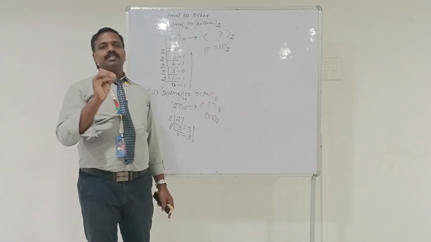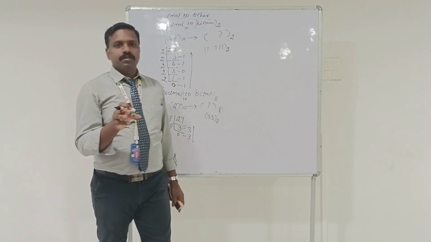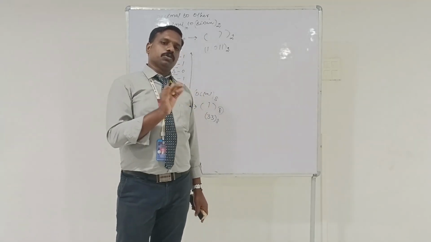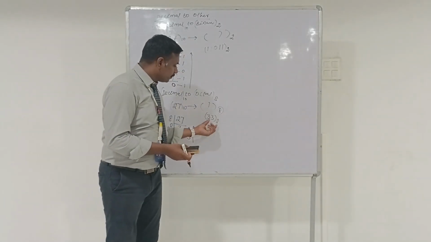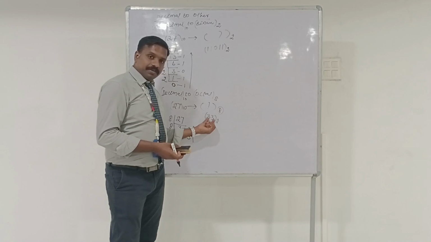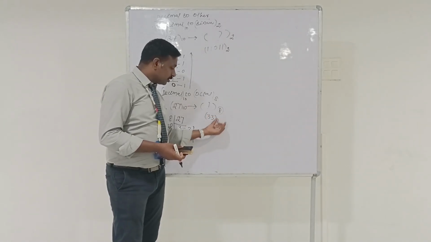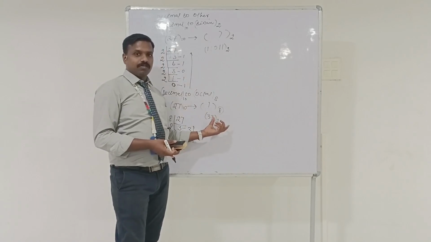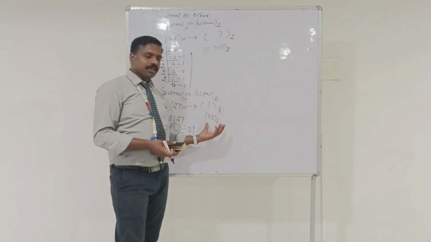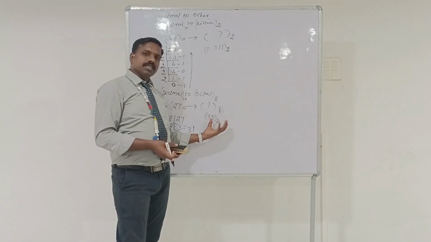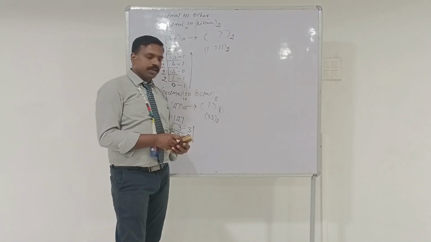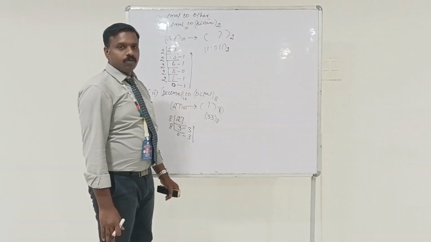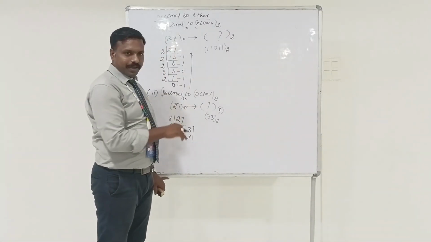All digits in the octal system should lie between 0 to 7, and only then is the answer correct. Suppose any value present is more than 7, then you have made some mistake here and the answer is wrong. So we can easily identify that in the octal number system each digit should lie between 0 to 7. This is decimal to octal. Okay, I hope you understand how to do both conversions.